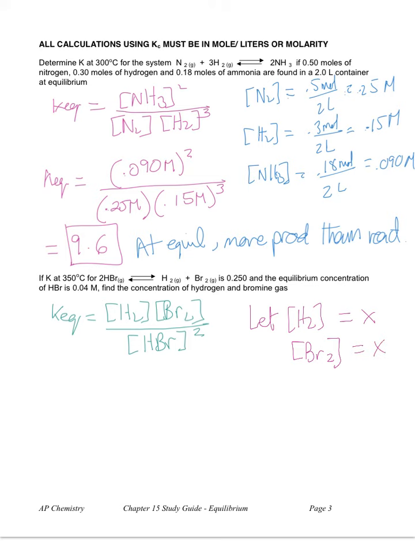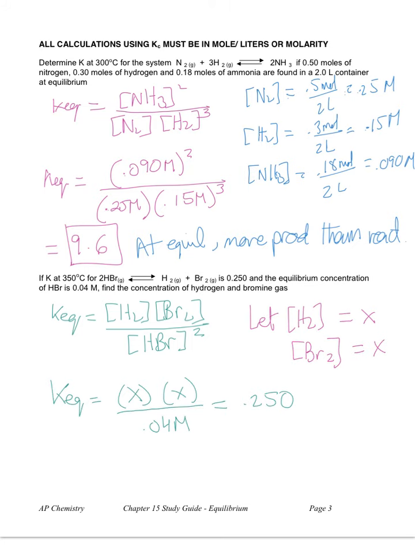So now I'm going to plug in my values. So K is equal to x times x divided by, they tell us HBr is 0.04 molar. And they also give us the value for K. K is 0.250.